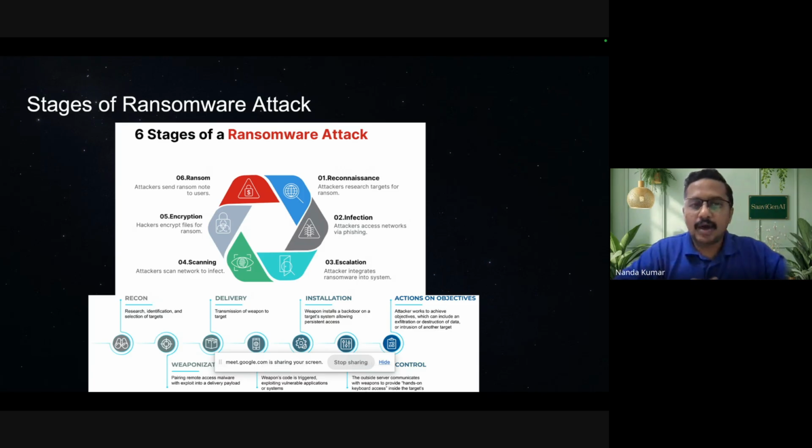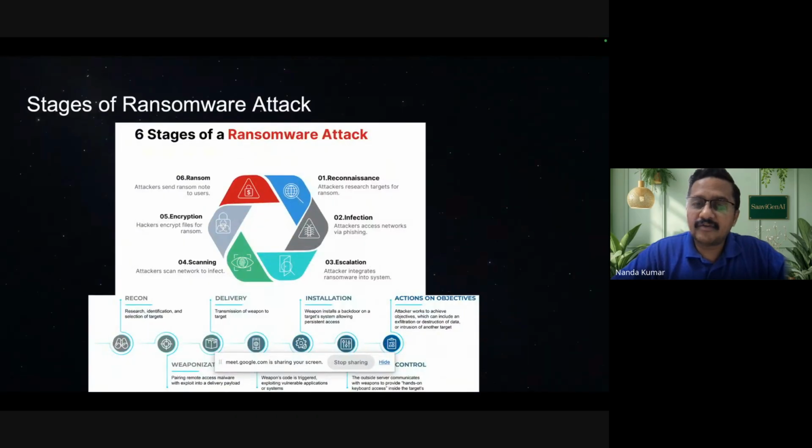This is not the fullest, but these are the high level stages of a ransomware attack. First is reconnaissance. You need to know about your target. Say, for example, if I want to target a particular company, I will start with their domain, and then I will try to find their ISP and IP address.